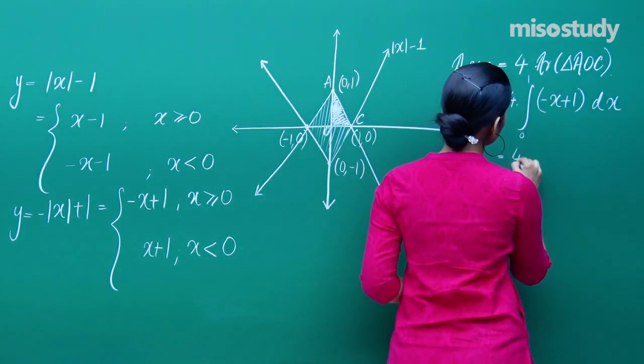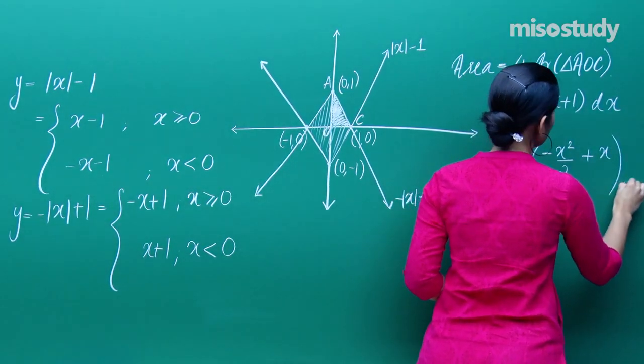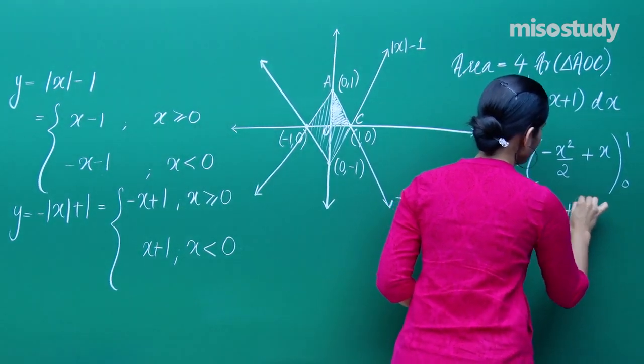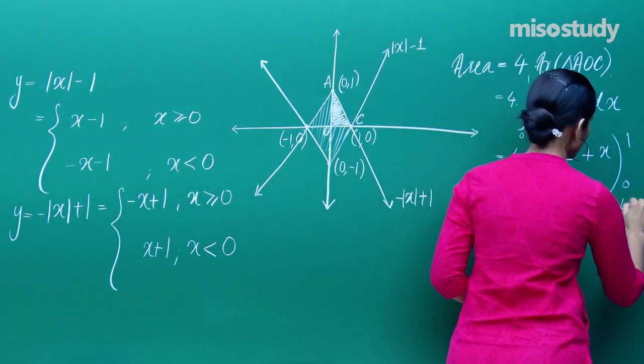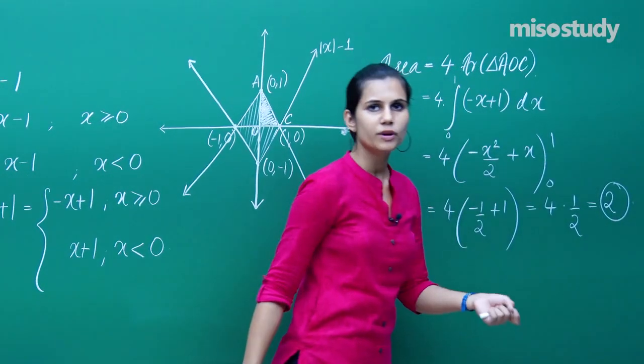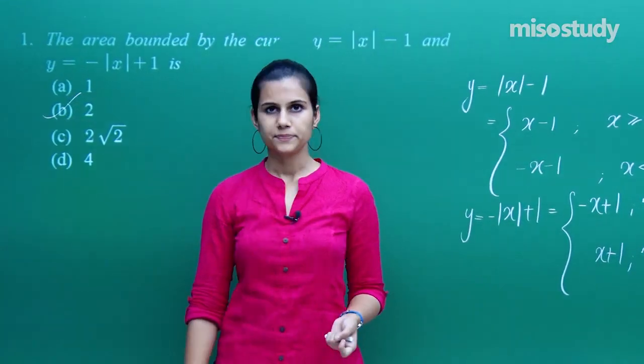So this becomes 4 times minus x squared by 2 plus x from 0 to 1. This is minus 1 by 2 plus 1, which is 4 into 1 by 2, which is 2 square units, and the answer therefore is B.